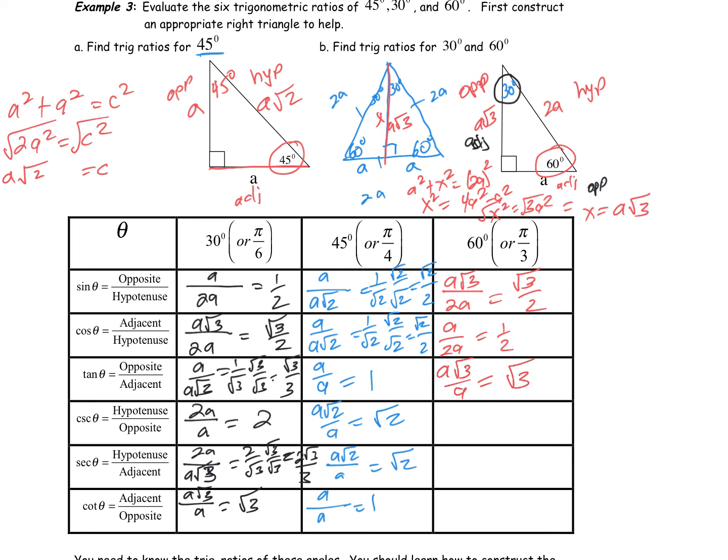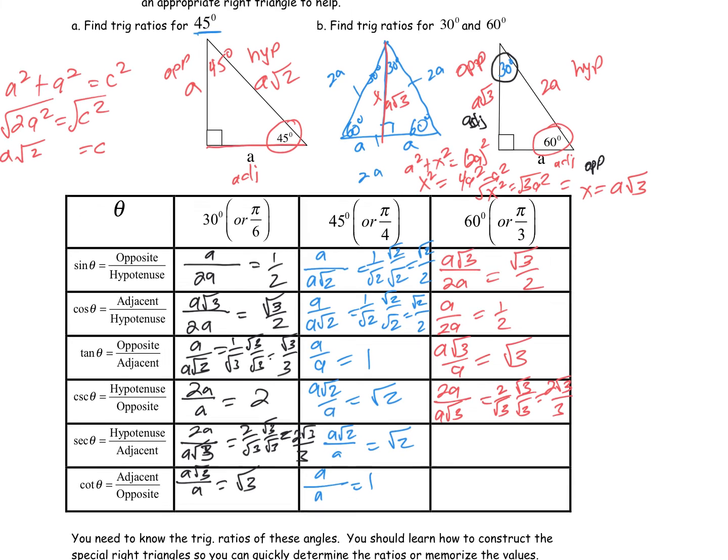And then we will do the reciprocal functions. So cosecant theta, we could take the reciprocal of sine, or we can do the length of the hypotenuse, which is 2A, over the length of the opposite side, which is A rad 3. So this is 2 over rad 3 after canceling out the A's. We rationalize the denominator. We got 2 rad 3 over 3.